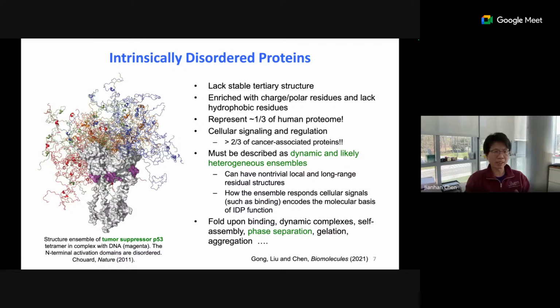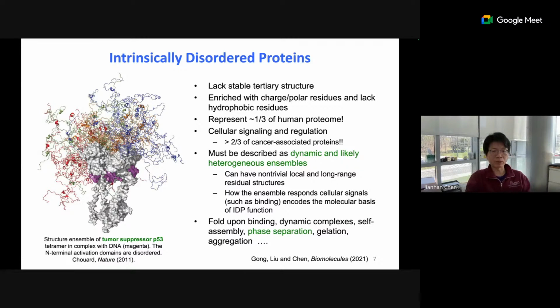So these proteins are referred to as intrinsically disordered. It highlights that it's the sequence signature of the protein that determines its conformation to be dynamic and heterogeneous, and not because we are expressing these proteins in a non-physiological condition.